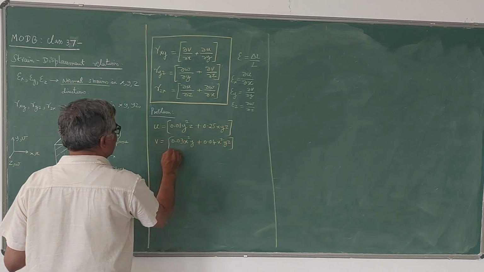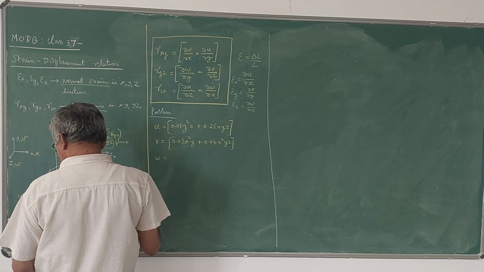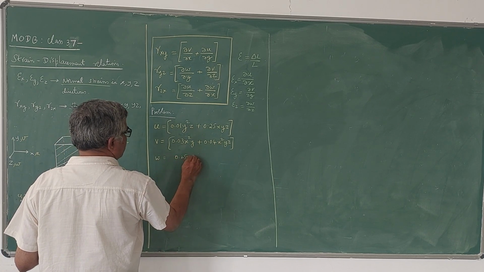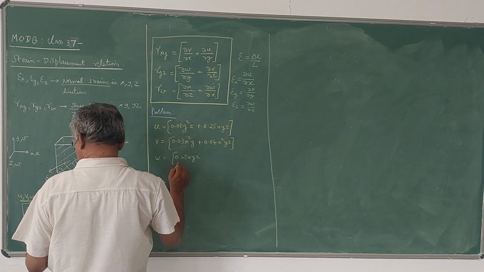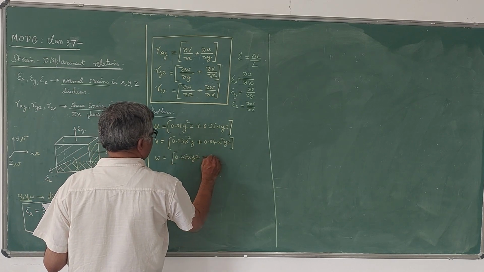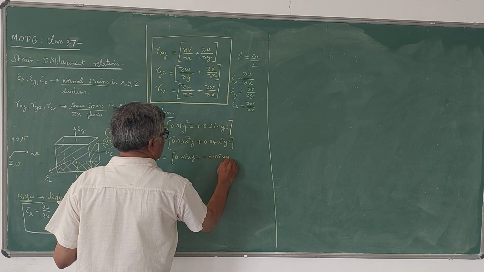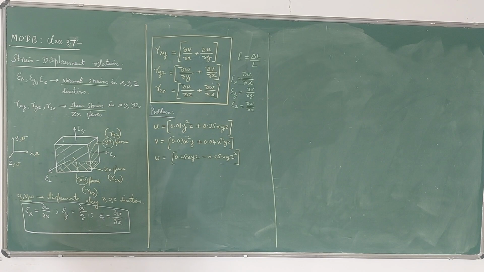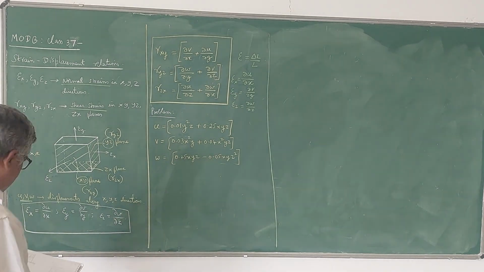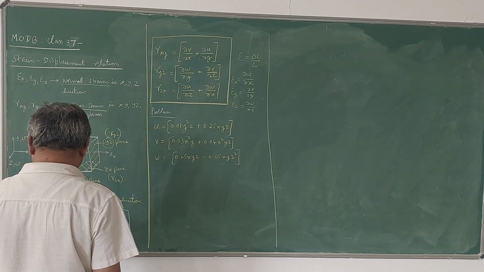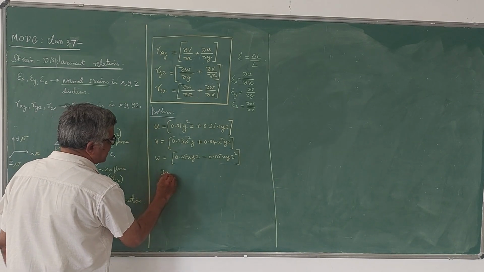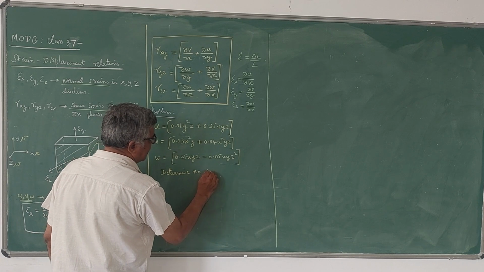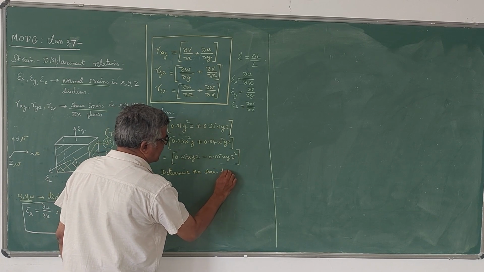Then w is given by 0.25 xyz minus 0.05 xyz square. These are the 3 displacement components in x, y, z directions in terms of x, y, z. The question is, determine the strain tensor.